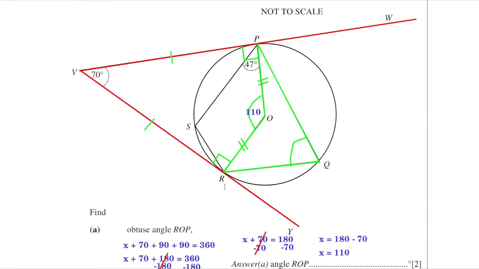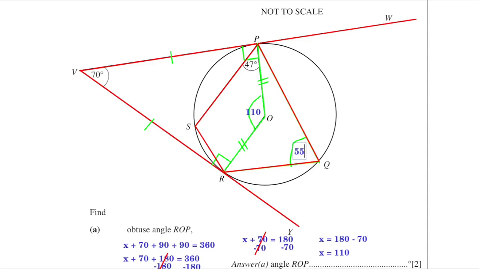Now I want us to look at something here real quick. PSR. Let me go onto Q and close this quadrilateral. It's a quadrilateral in a circle. Now what have we learned about this one?